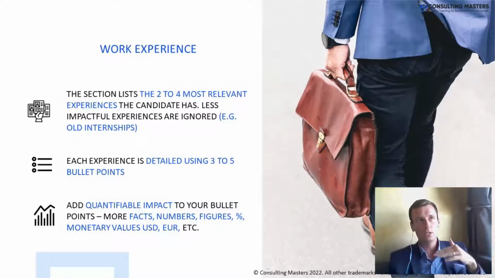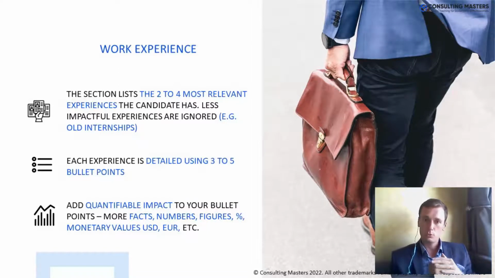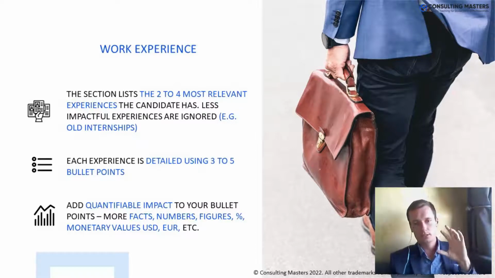Don't write 3, 4, 5 lines in your bullet points because recruiters will not be able to read and process this. So this will be a KO criterion. Therefore, make sure that you have consistently 3 to maximum 5 bullet points in your experiences and that those bullet points are just 2-liners or maybe 1-liners.